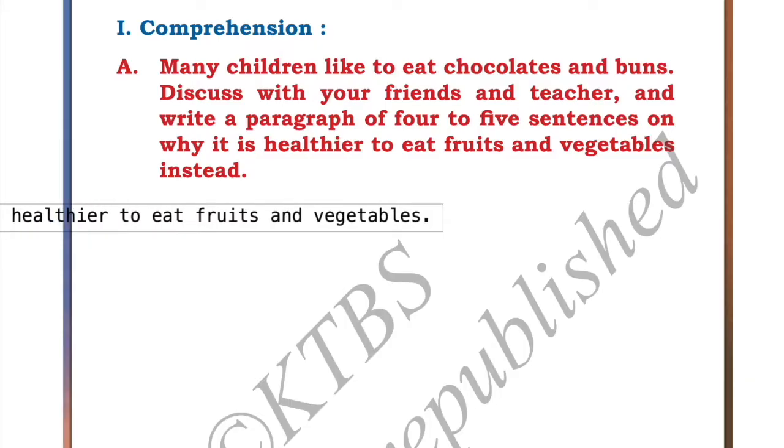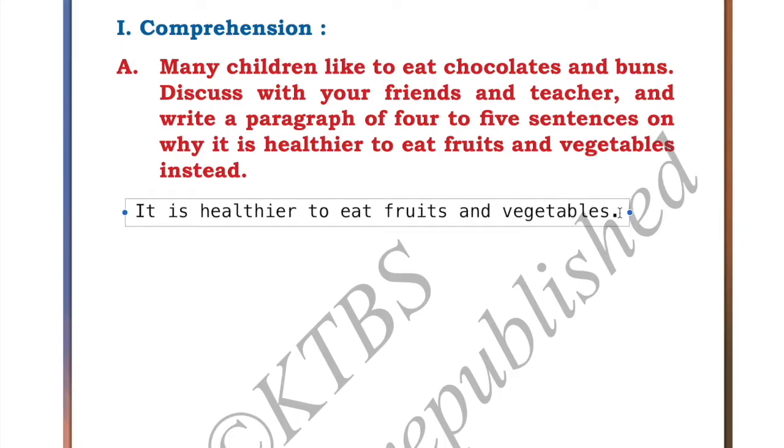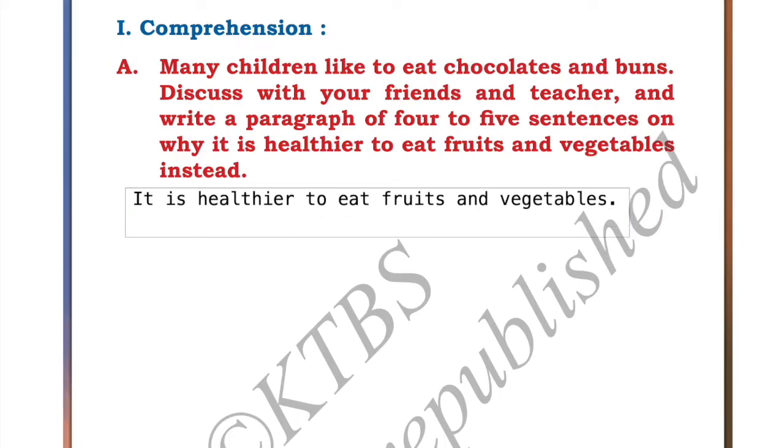So this is our introductory line. Next, we give pointers to prove this line to be true. Fruits and vegetables give us strength and robustness.